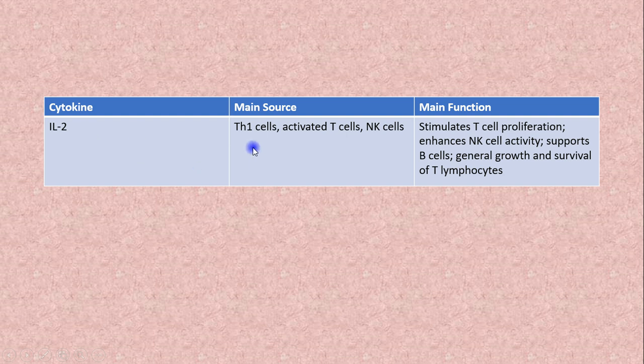We have interleukin 2. The major source is T helper type 1 cells, activated T cells, and NK cells. Its main function is it stimulates T cell proliferation, enhances natural killer cell activity, supports B cells, general growth and survival of T lymphocytes.